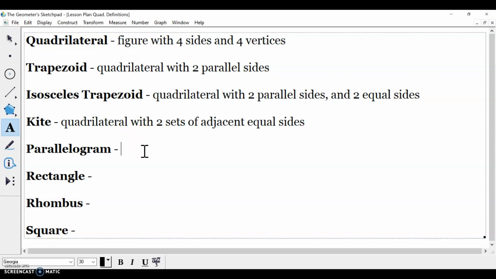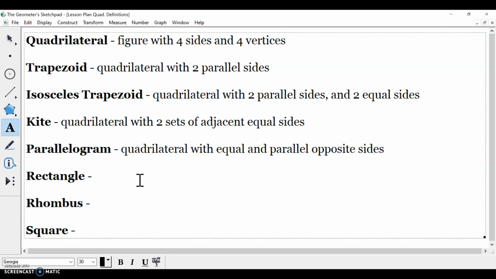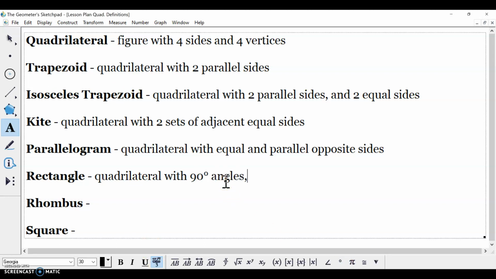A parallelogram is a quadrilateral with equal and parallel opposite sides. A rectangle is a quadrilateral with 90-degree angles, and the opposite sides are always equal.